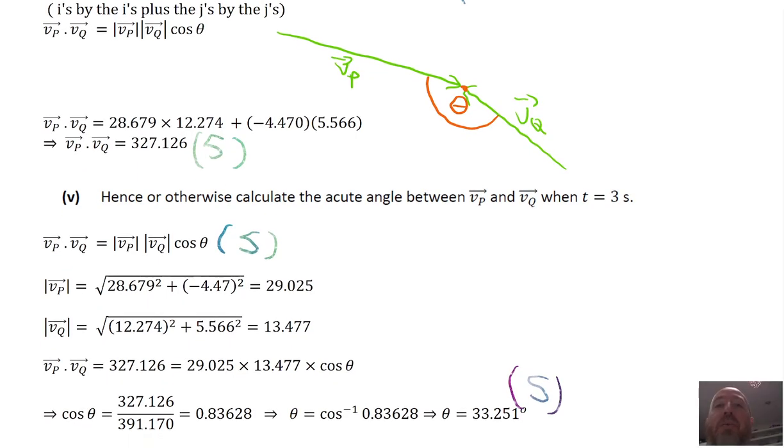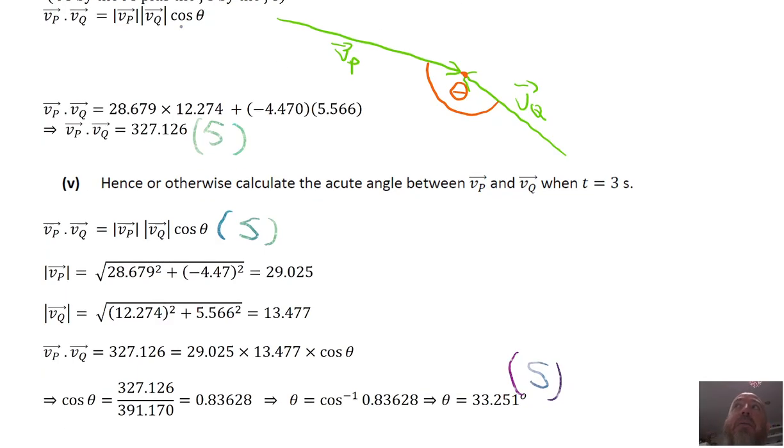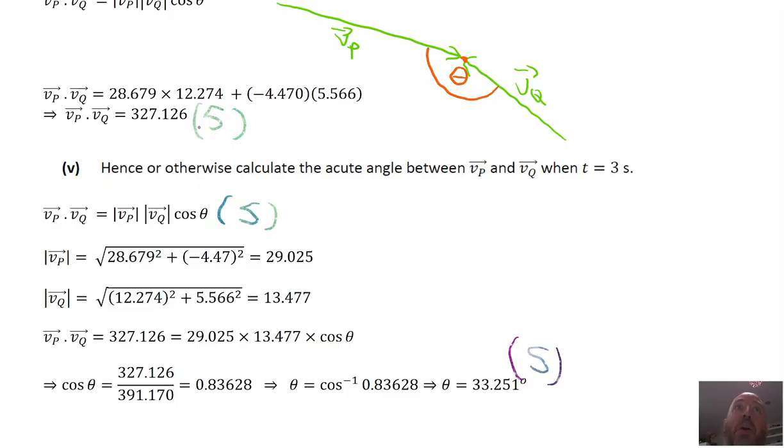So even though I got this wrong, and I may not have even got an acute angle, like an angle less than 90 degrees, whatever answer I would have got has to be taken as correct. So I'm getting 47 out of 50, despite the fact that I got it wrong.